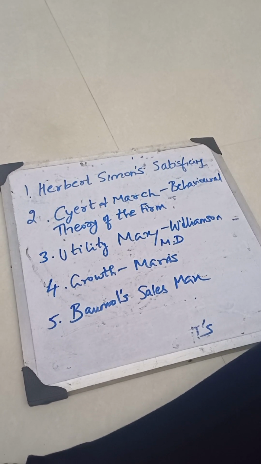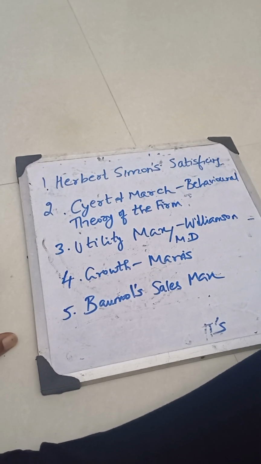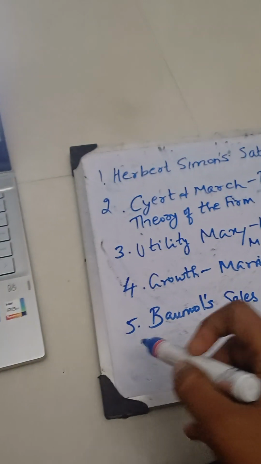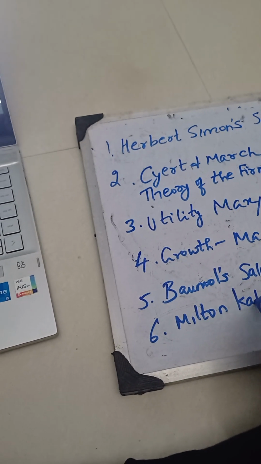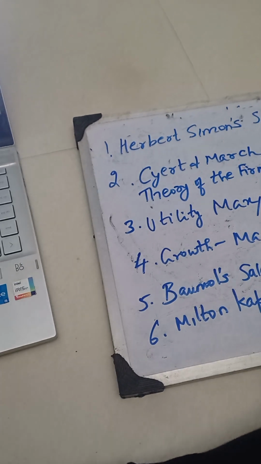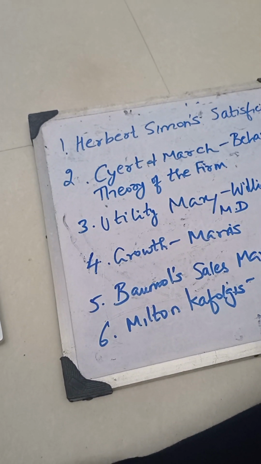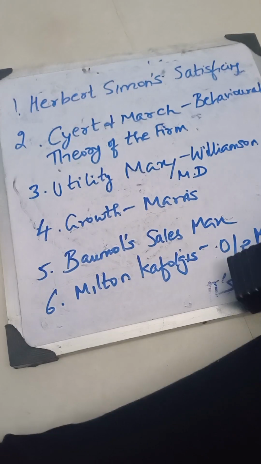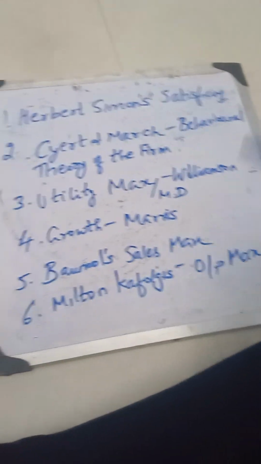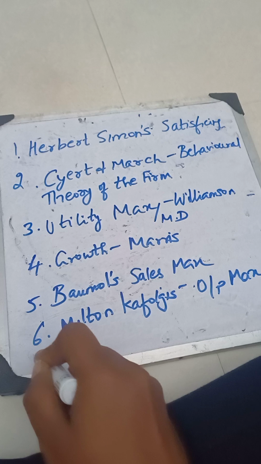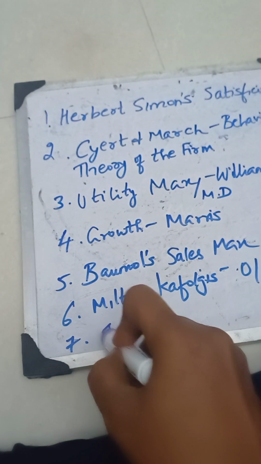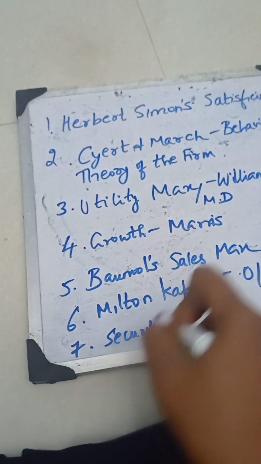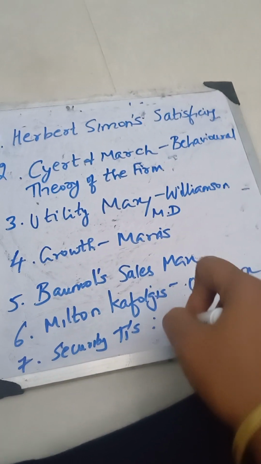Then we have the output maximization theory given by Milton Kafoglis, who gave the output max model, or the output maximization model. Then you have different other theories, and security profits as the objective of the firm as per Rothschild.